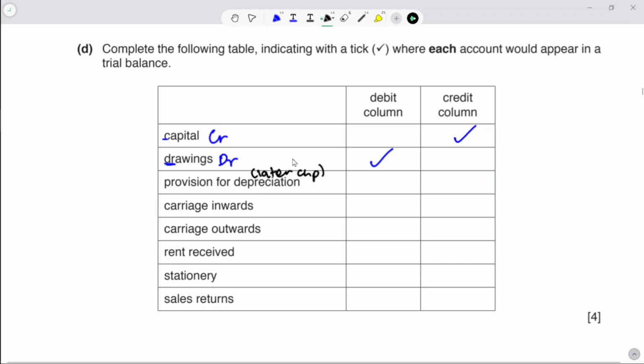For asset you know it is debit, right? So for the provision for depreciation it will be the opposite, so it will be credit. So I put credit here.